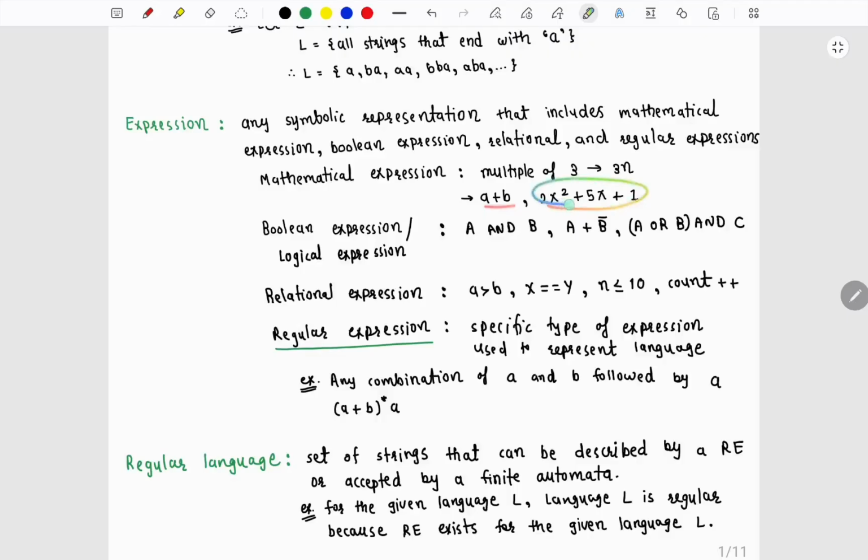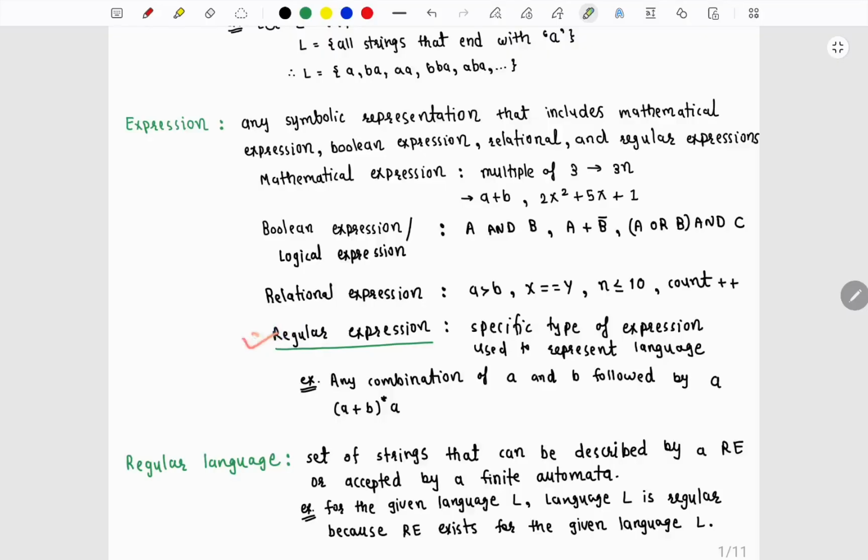This is also mathematical equation. Boolean expression. Boolean contains and, or, not, like logical expression. Relational expression such as greater than, less than or equal to, plus plus, minus minus, double equal to, triple equal to, etc.